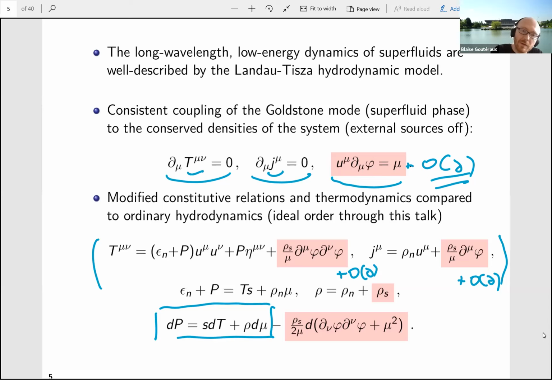And then you have another relation, which is the Smarr relation that tells you that e plus P is Ts plus mu rho. Essentially this relation arises from requesting that these equations are compatible with the first law.